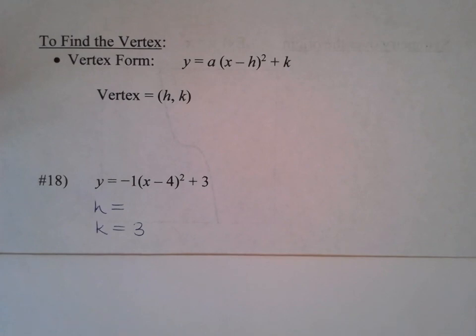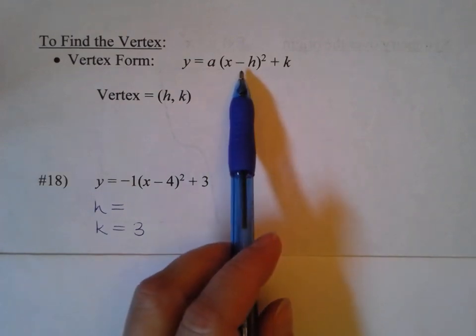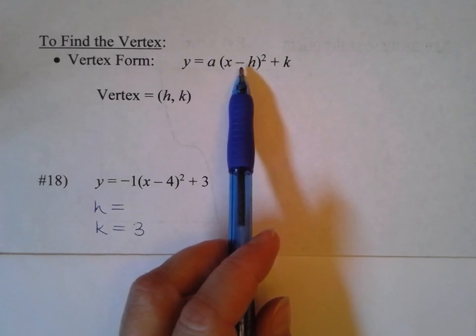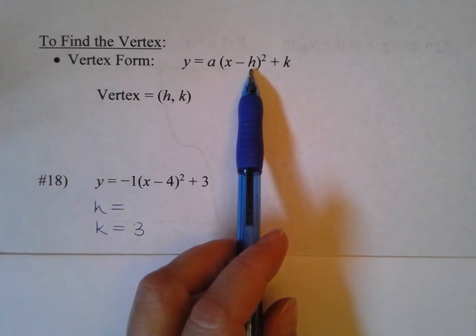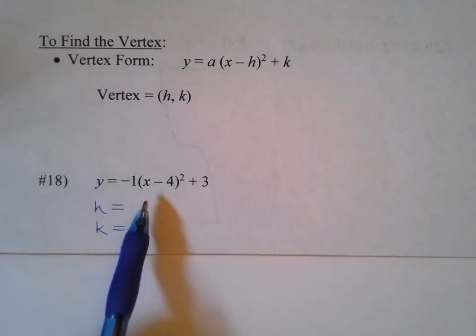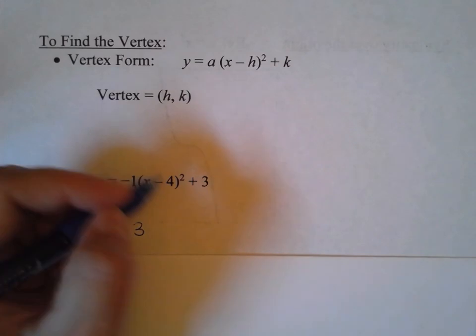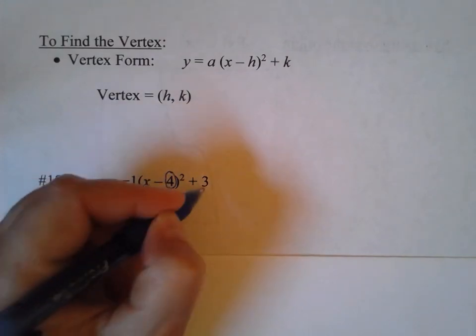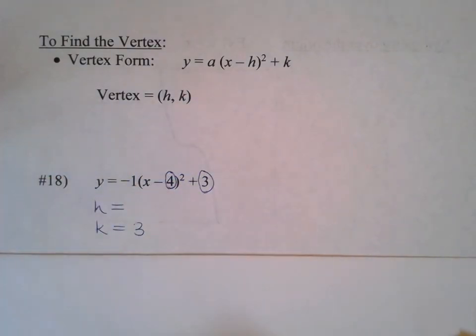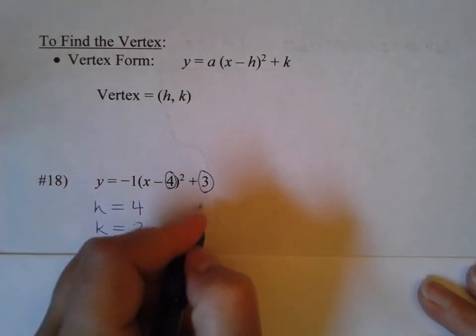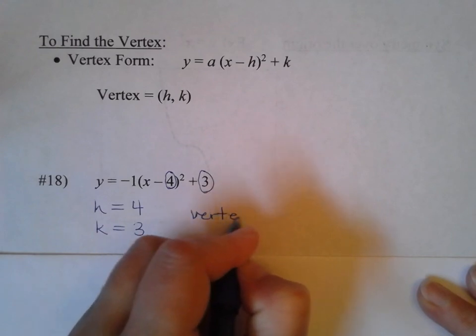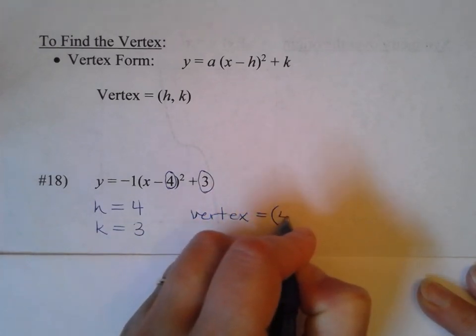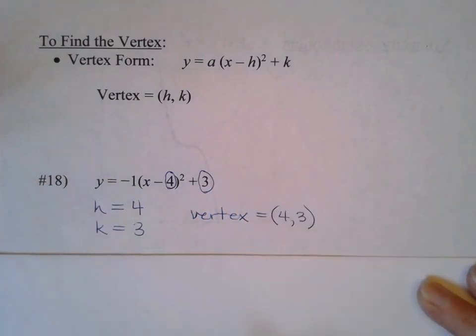The h is the shift left or right. And there is a minus built into this formula. So we're sort of disregarding this minus and taking just the value of h. So even though we see an x minus 4, the h is just the 4 part. Okay, and so the vertex is the point 4, 3.